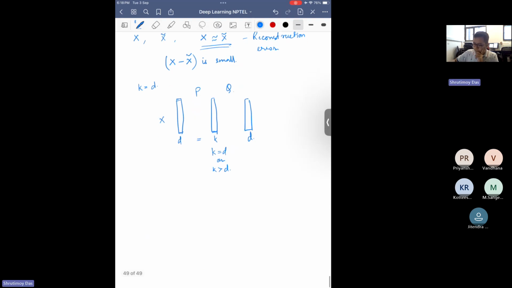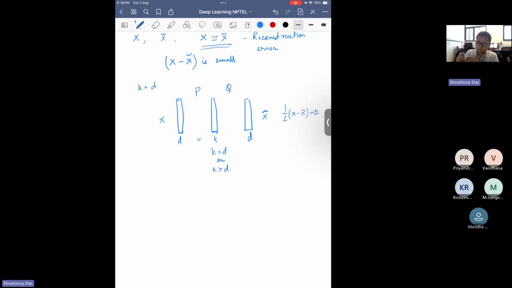So basically, we want x and x tilde to be close. We want this loss, x minus x tilde, to be small, and in the ideal case we want it to be 0.